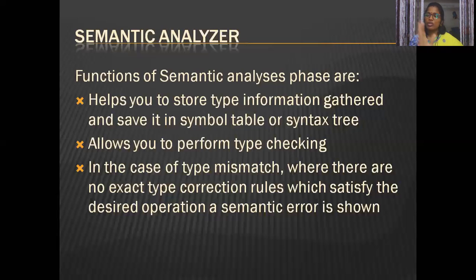So if you are not using any type correction rules which satisfy the desired operation, a semantic error is shown. If you have not used any correct measure to convert from one type to another type, it shows a semantic error.